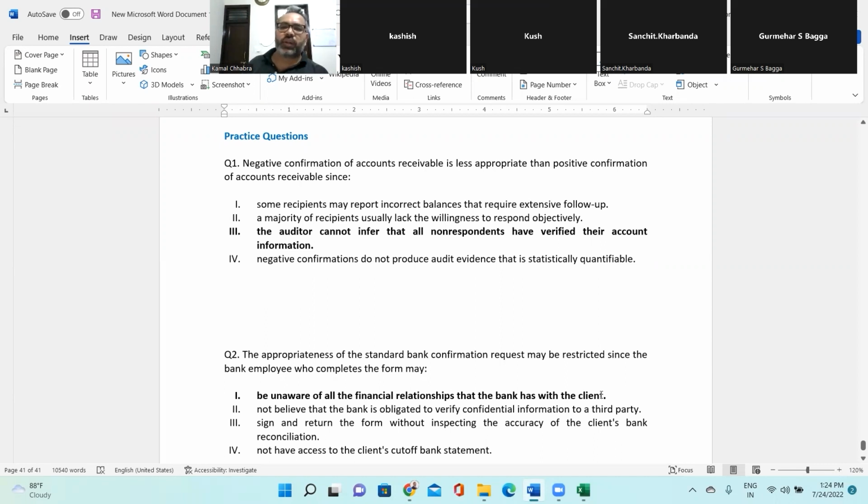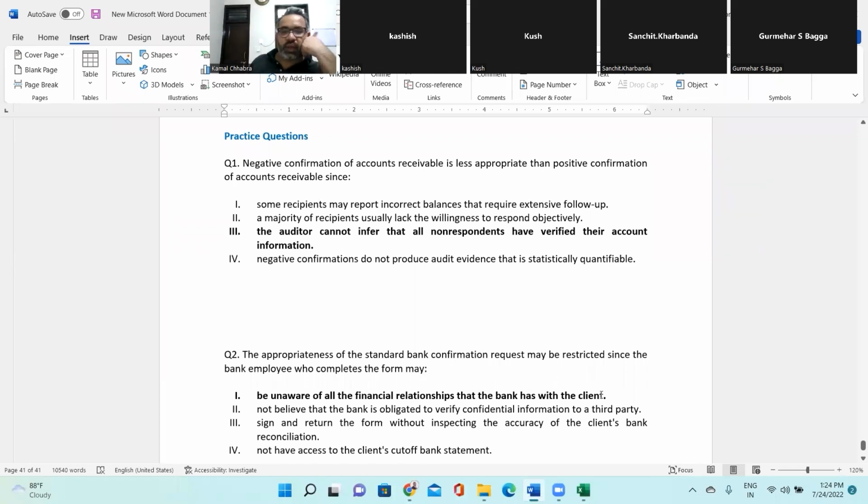What is the call of the question? Negative confirmation is less appropriate than the positive, right? What is negative confirmation? The recipient or the customer should only reply back if they disagree with the balance. So the first option, if you see the first point, does not fit.